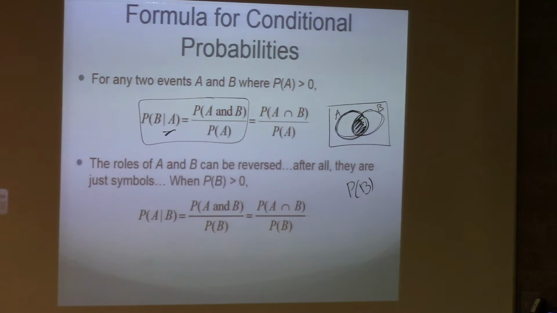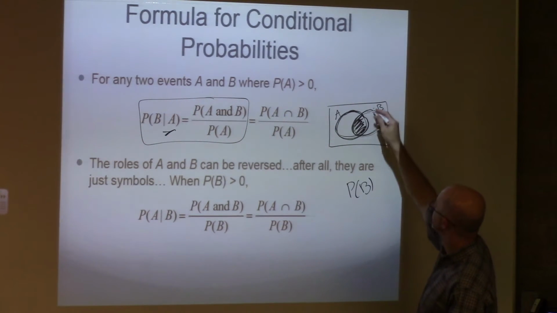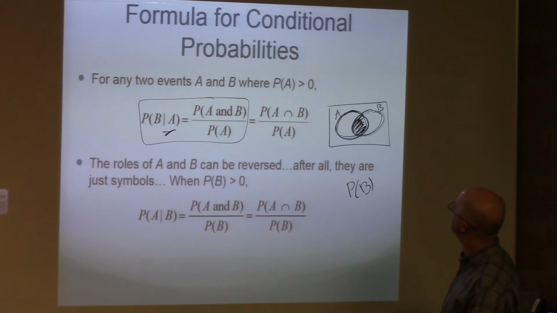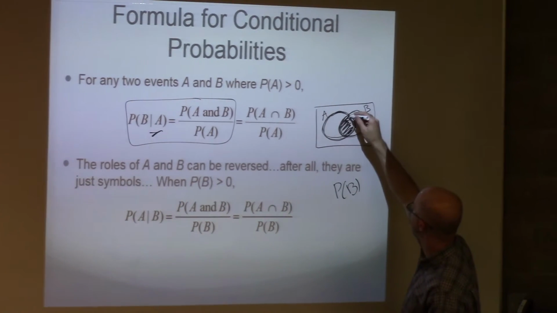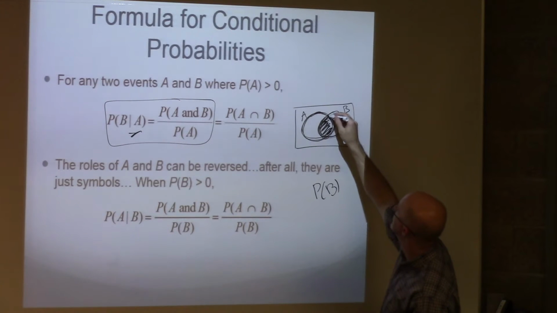We assume the area of the box is 1, so it's really the same as the area of B. The area of B, as a fraction of the whole, could be different than the area of this region. In general, it will be different than the area of this region compared to the area of A.